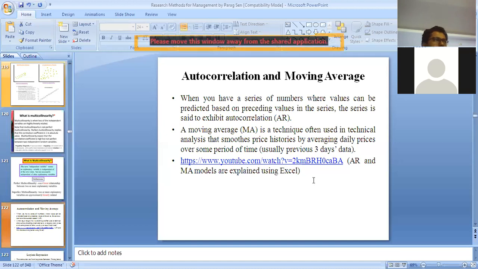That is known as weighted moving average. There is also another method called exponentially weighted moving average.